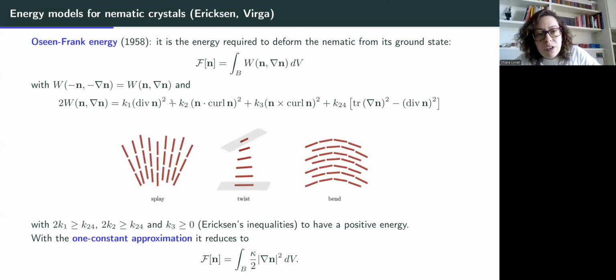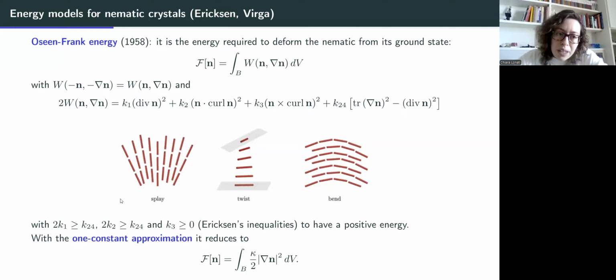In particular, every term represents a different phenomenon that the liquid crystal can undergo. So the first term represents splay, the second represents twist, so a torsion in space. Then we have bending, while K24 is a more complicated term that is called saddle-splay, and is mainly a boundary term that frequently vanishes.